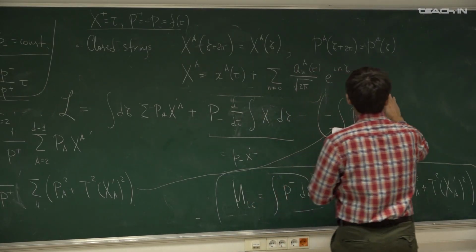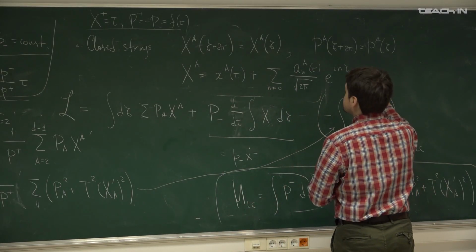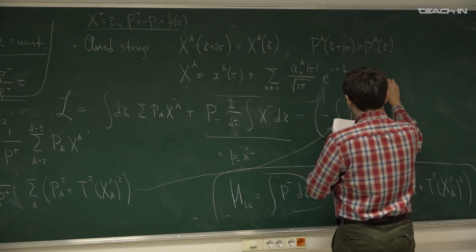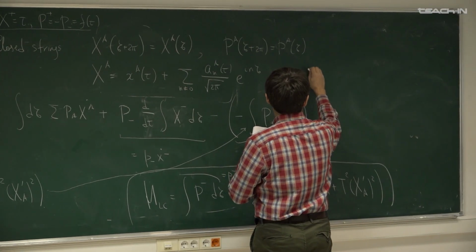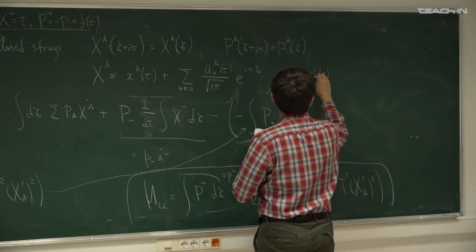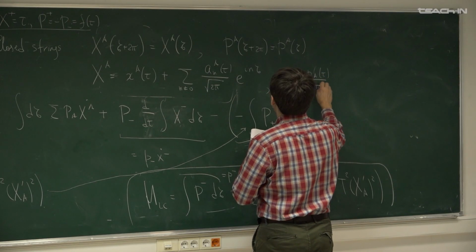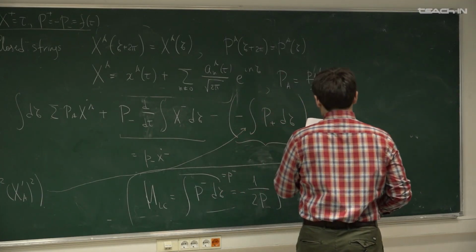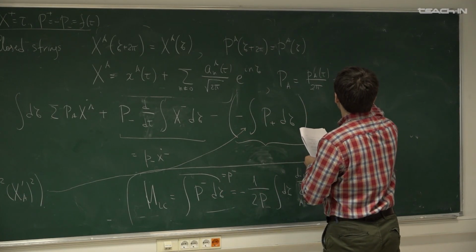And accordingly, P_A will be p_A of tau over 2 pi plus the oscillator terms.